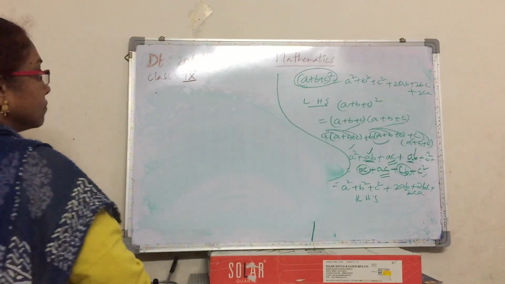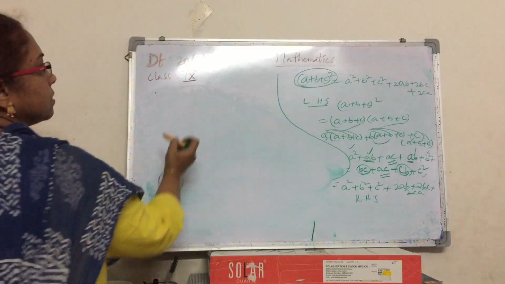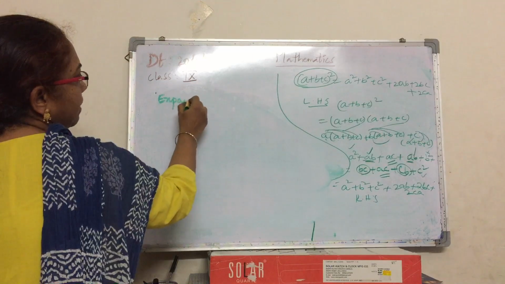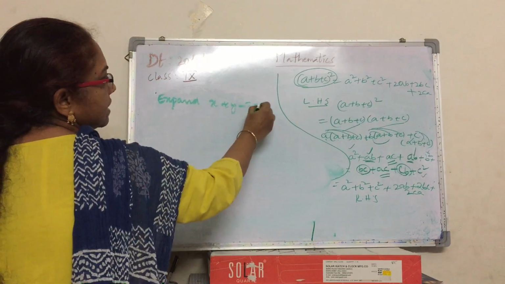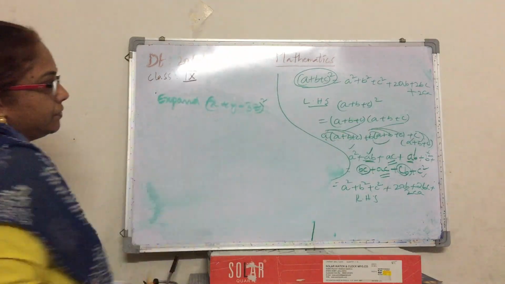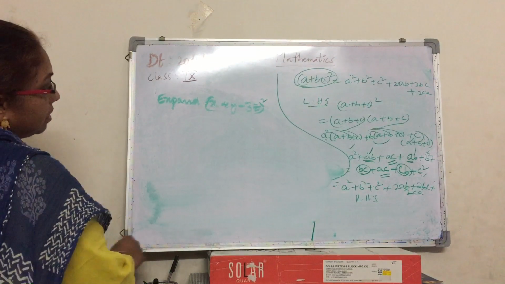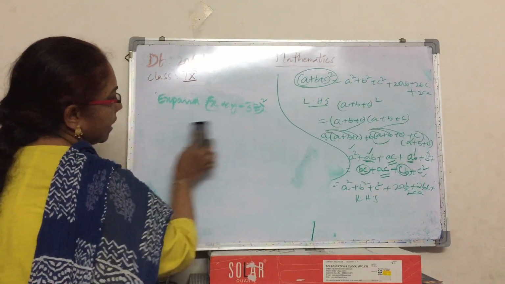Now suppose the question is: expand (x plus y minus 3z) whole square.